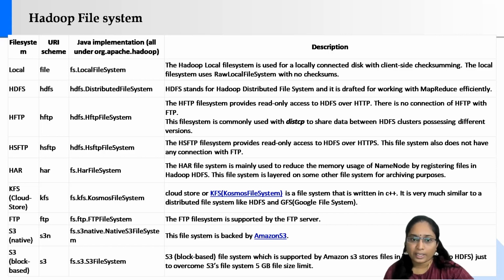Then KFS is the Cosmos file system, written in C++, mainly handling the file system like the Google File System, that is, a cloud store. The FTP file system is supported for FTP servers, the file transfer protocol. Amazon's S3 is the native file system, and we have one more, Amazon S3 block-based, which is limited to 5 GB files.